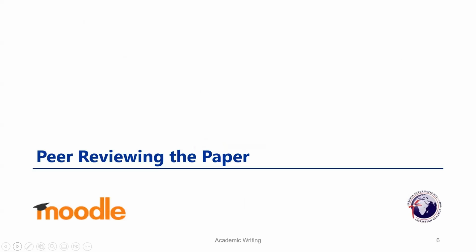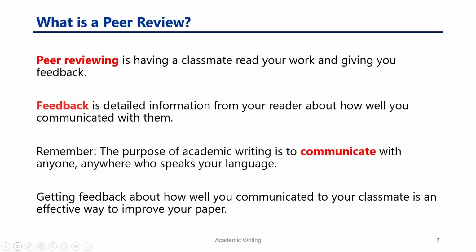So let's learn how to do a peer review. Peer reviewing means having a classmate read your work and giving you feedback. What's feedback? Feedback is detailed information from your reader about how well you communicated with them.